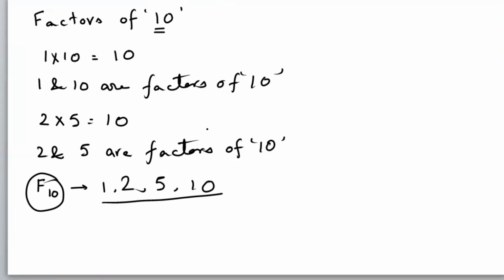So to identify the factors of a given number, you need to identify which whole numbers can be multiplied together to get that number. Okay? First, you have to find out which numbers you can multiply together so that you get that number.